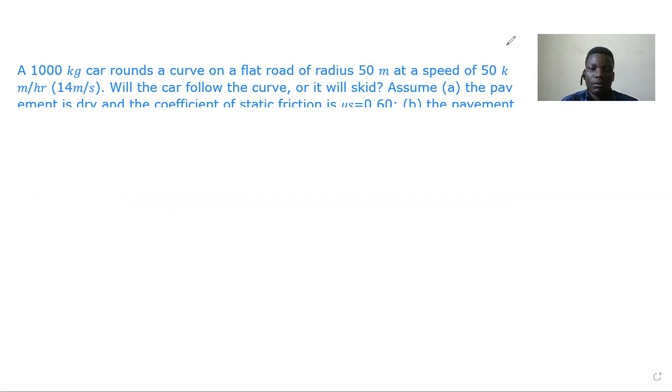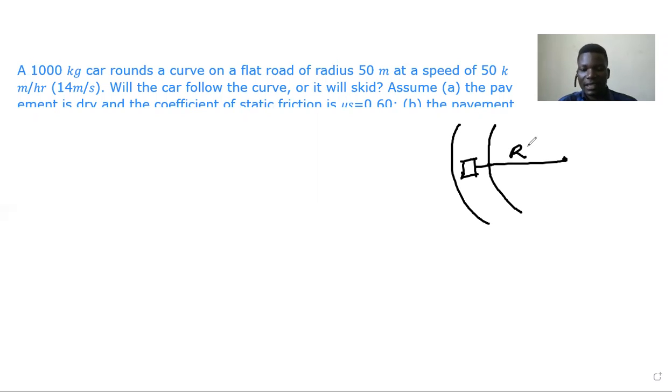Okay, so we first try to assume that this is a curve, maybe a road, and then we have that as our car, and we have that as the radius.